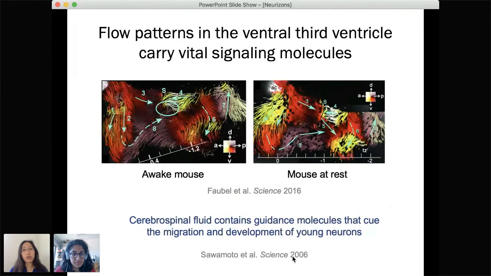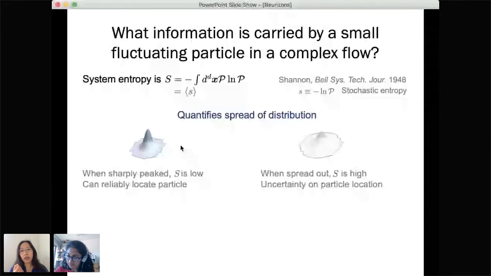And so our question was, can we try to understand these very complex flow patterns and what they can tell us about the information that can be contained or carried in these flows? The tools that we'll be using to quantify information in these systems look at information carried by small fluctuating particles in a complex flow. This is interesting theoretically, because a lot of times these particles are so small that there's a lot of fluctuation.